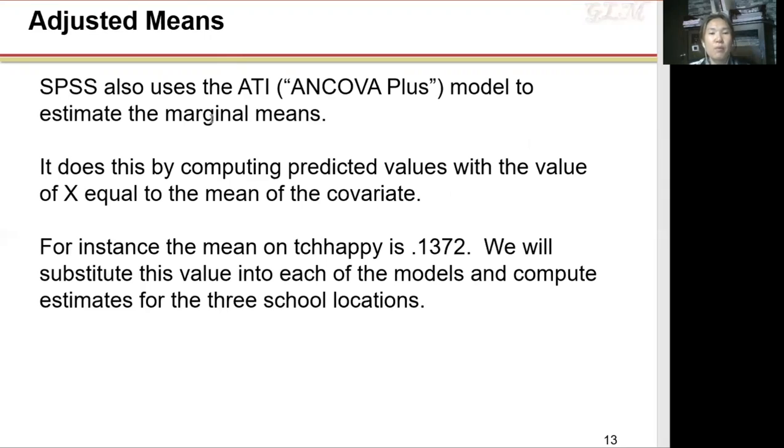So SPSS also uses the ATI model to estimate marginal means. It does this by computing predicted values with the value of x equal to the mean of the covariate. For instance, the mean on teacher happiness is 0.1372. We will substitute this value into each of the models and compute estimates for the 3 school locations.